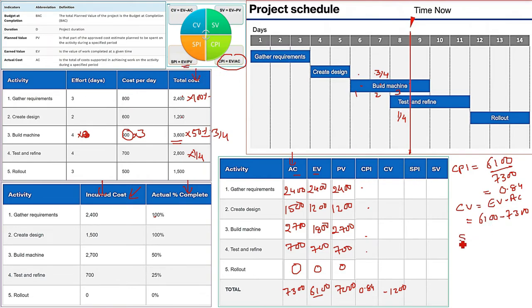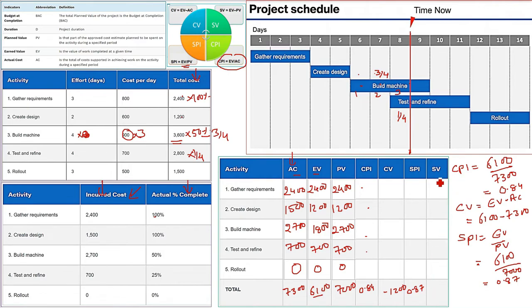SPI, these are going to give you index. CPI, SPI are indexes. So SPI is given by EV by PV. What is EV? EV total is 6100. What is PV? PV total is 7000. What do you get here? If you compute it, you are going to get 0.87. Just write it here, 0.87.